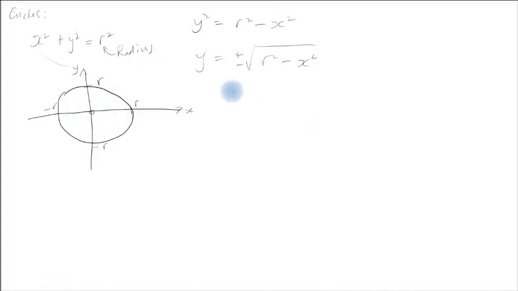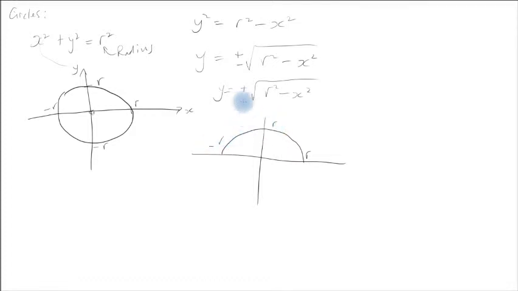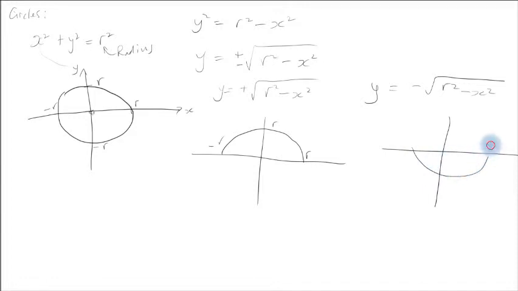So if we just look at the y equals positive square root of r squared minus x squared, that gives us the top, the upper semicircle, from negative r to r. And if we look at the negative solution, negative square root of r squared minus x squared, that will give us the bottom semicircle.